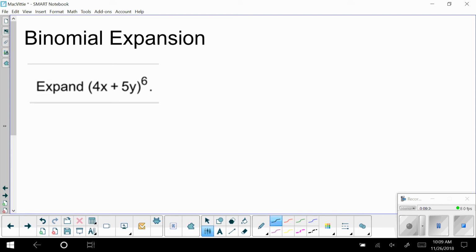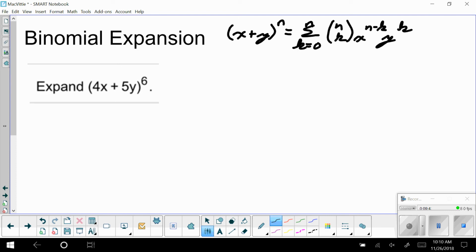Most likely, your professor wrote something like x plus y raised to n, that's the sum, where k goes from 0 to n, of a combination n choose k, x to the n minus k, y to the k, which really doesn't make much sense to most people because this takes doing series and doing combinations and putting them together. The key here is to remember this is a combination.